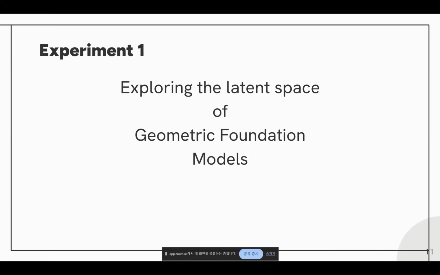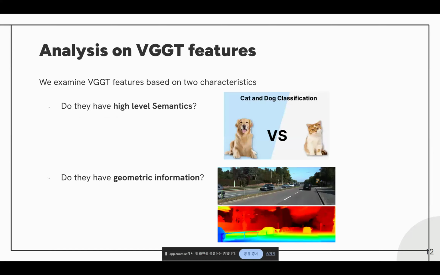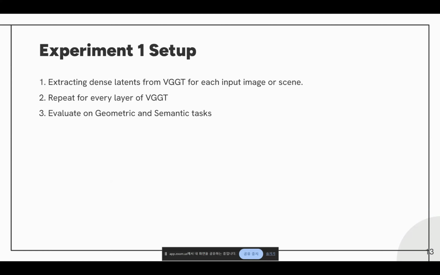The first experiment was about exploring the latent space of geometric foundation models. We analyzed VGGT features on two tasks: first, whether they have semantic information, and second, whether they have geometric information. The setup is the following.